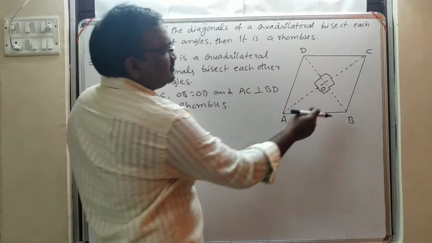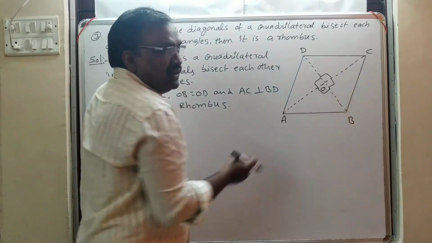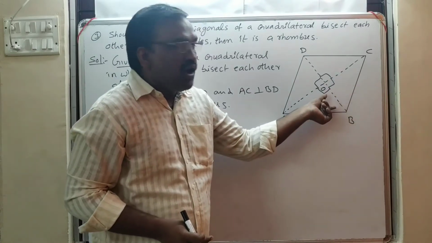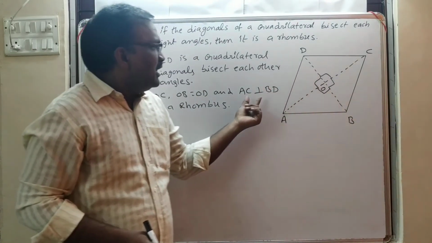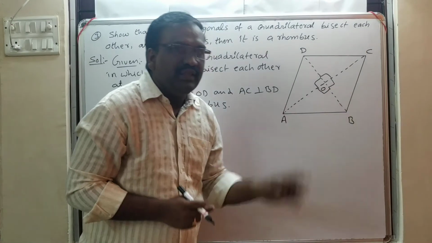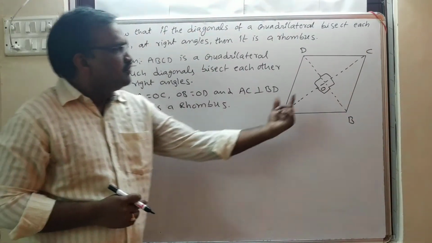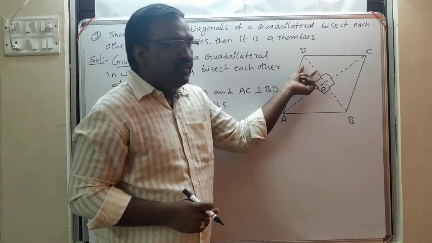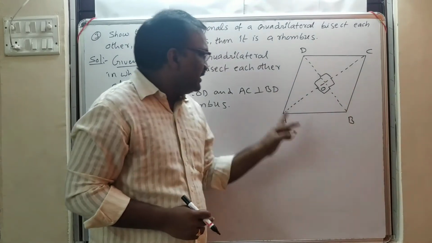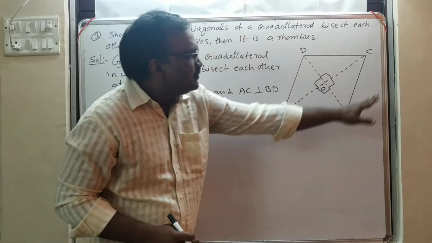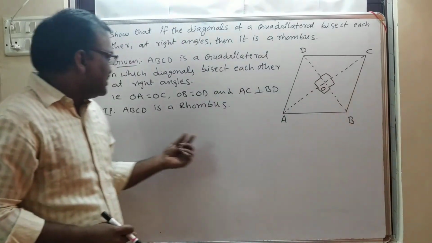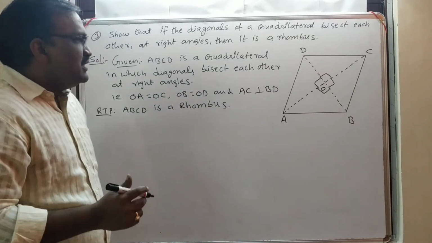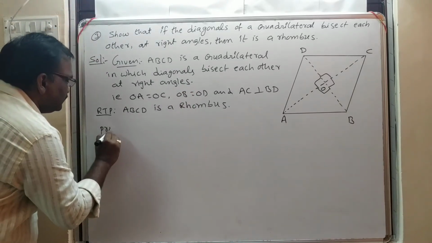That is, AC and BD intersect at a point O. So OA is equal to OC, OB is equal to OD, and AC is perpendicular to BD. That is given. What do we have to prove? ABCD is a rhombus. See the proof.